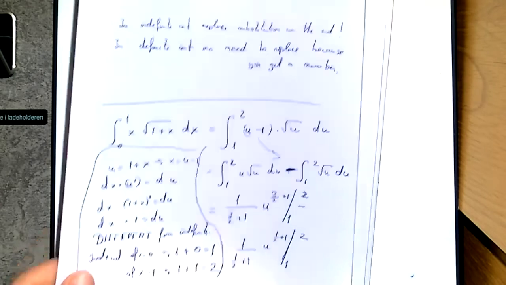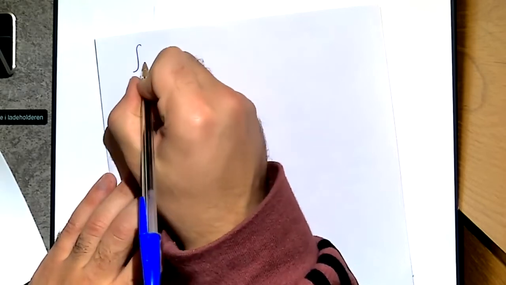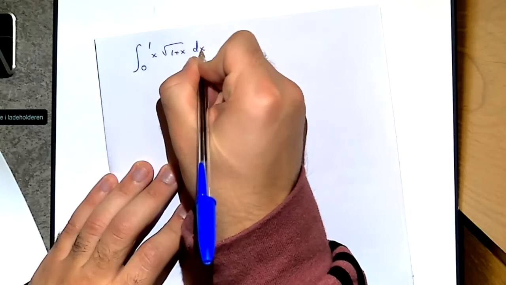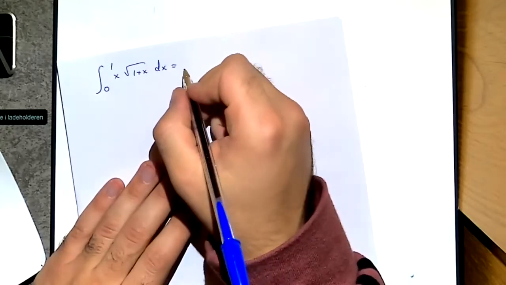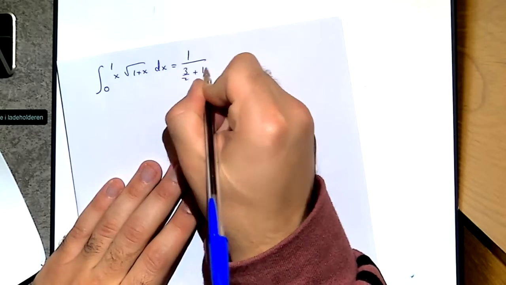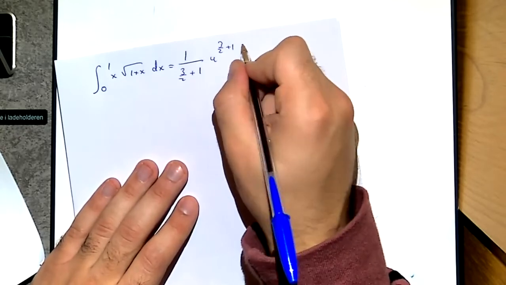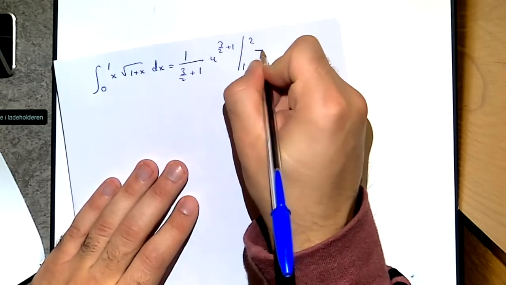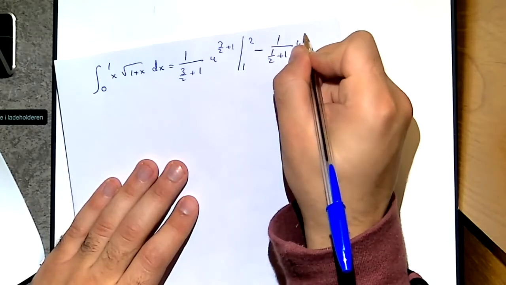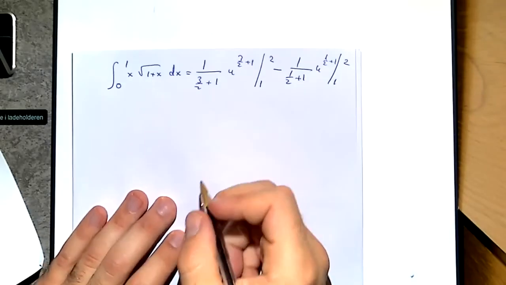So if you want me to give the answer relatively nicely, I just have the integral from 0 to 1 of x squared root of 1 plus x dx is equal to 1 over 3/2 plus 1, and again, I'm just copying what I got there, minus 1, 2. And again, now we just plug in the numbers.